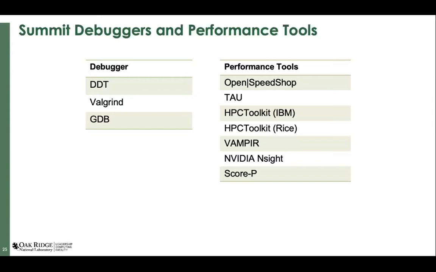Before that, it used to support NV-Prof and other things, but those are, well, still present on Summit. You can still use them, but they are now in maintenance mode. No new features are going to be added to them.